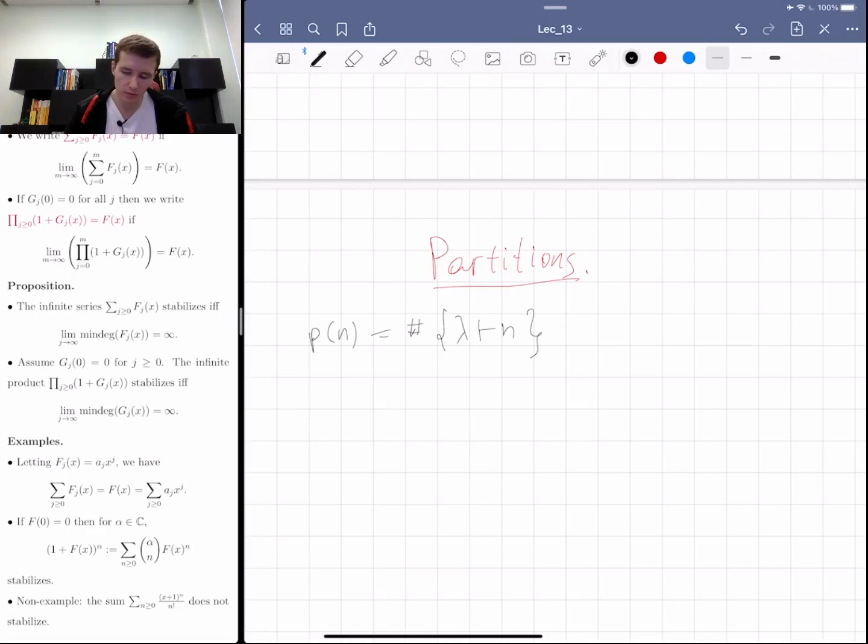So for example, 5 is equal to 4 plus 1, equal to 3 plus 2, 3 plus 1 plus 1, 2 plus 1 plus 1 plus 1, 1 plus 1 plus 1 plus 1 plus 1. These are all possible partitions of 5.